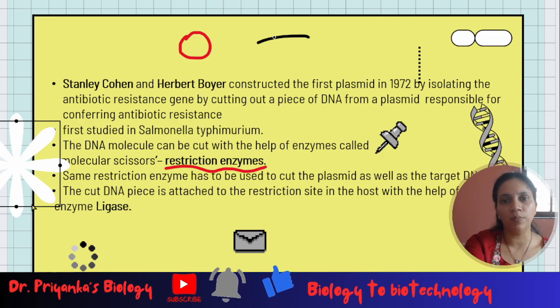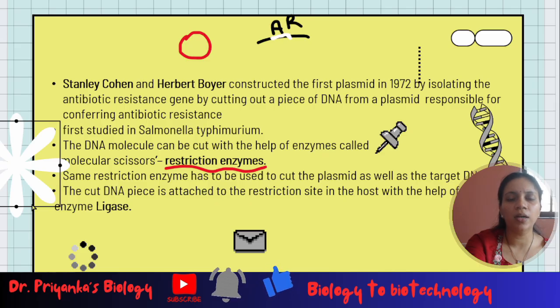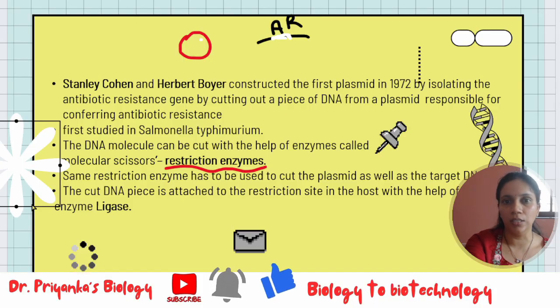It is coding for something, say antibiotic resistance. Suppose from this black part, only this white part is responsible for antibiotic resistance. So I don't want this black part to be inserted in this.